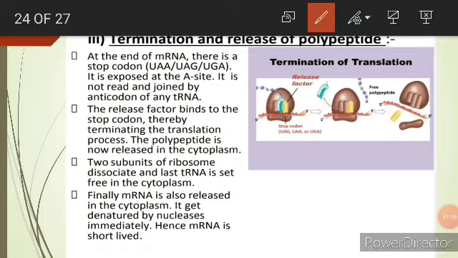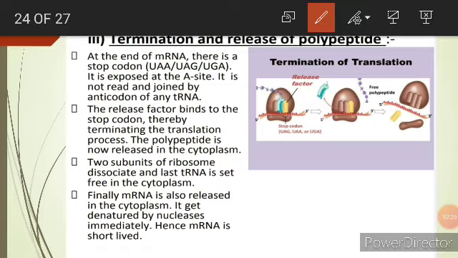The polypeptide chain is always at the P site. That tRNA is present on the mRNA, and such a codon is present on the P site, whereas at the A site there is the terminator codon.